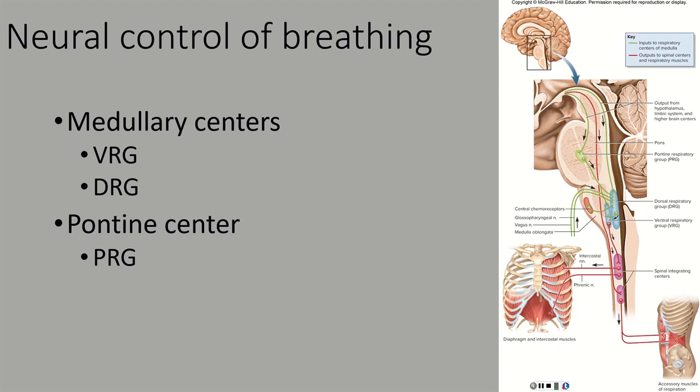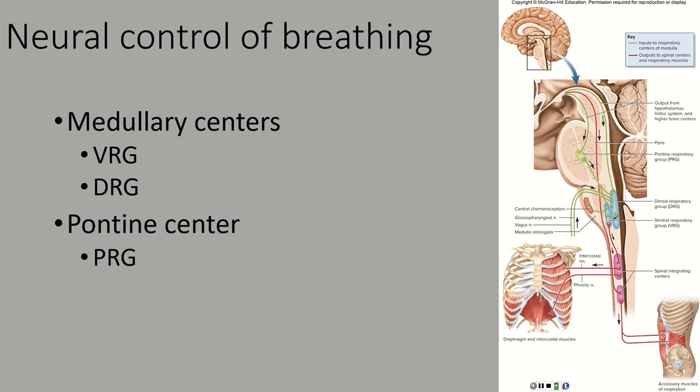But also, the pontine respiratory group times your breathing based on certain activities. So, if you're giving a speech, you don't stop in the middle of a word to take a breath. No, you almost without thinking about it, take a breath at the end of the sentence when there's a natural pause there.